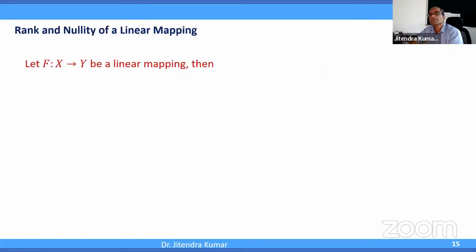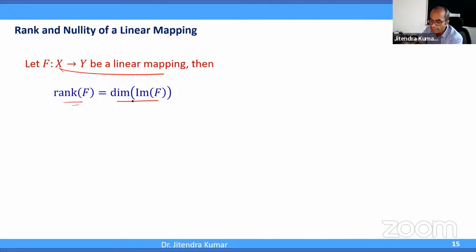Using this, we have a very important result called the rank and nullity theorem. If f: X to Y is a linear map, then the rank of f is defined as the dimension of the image, because the image is a vector space, and its dimension is the rank of f.